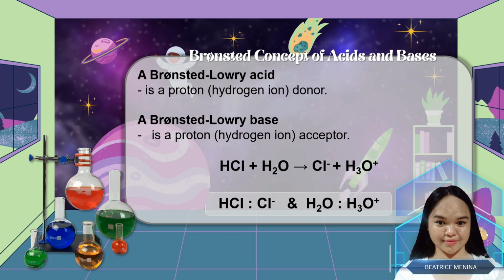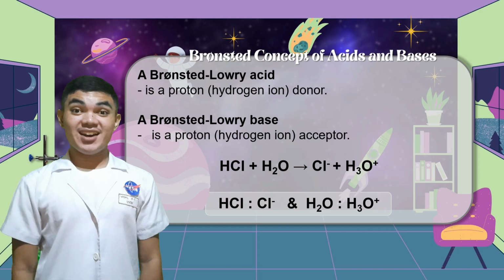Me! One of the examples of Bronsted concepts of acids and bases is this one. We have hydrogen chloride plus water yielding chloride ion and hydronium ion. Hence, you may be wondering where's the base or acid here? Well, our acid in the reactant is hydrochloric acid while the base is the water. Exactly, Bea.